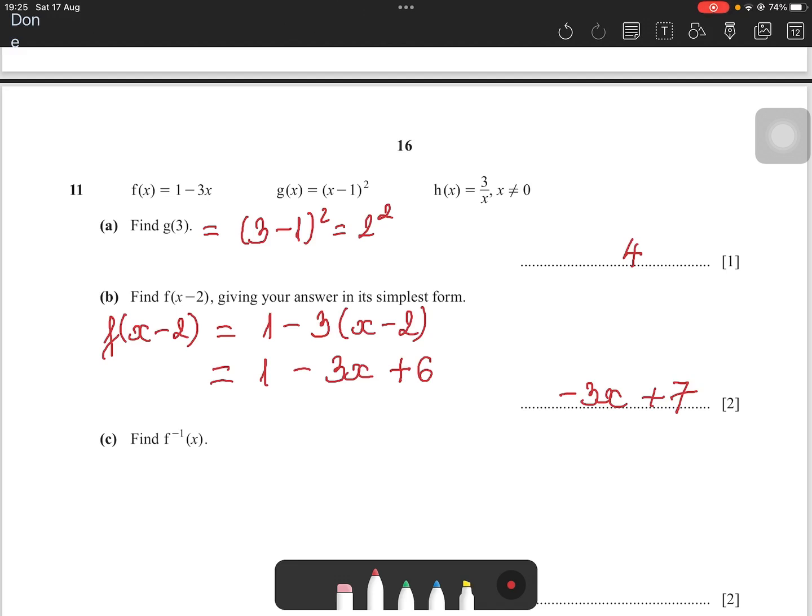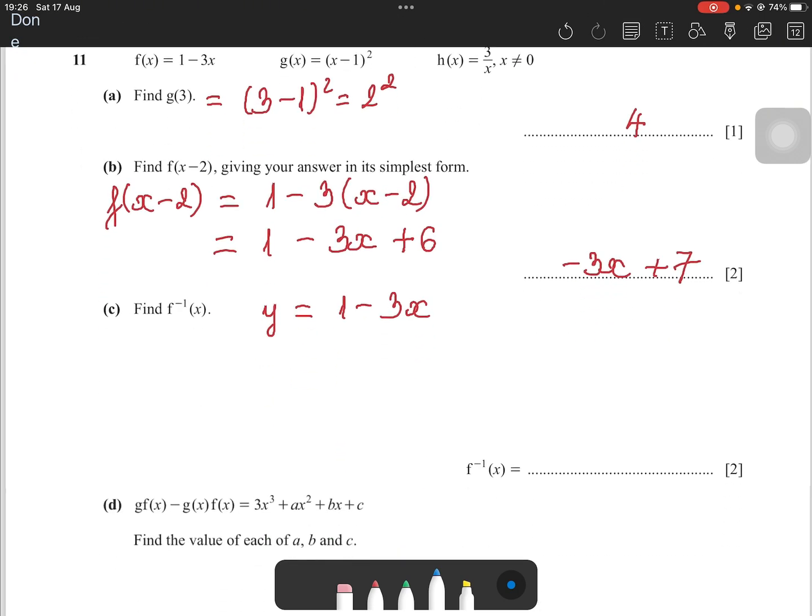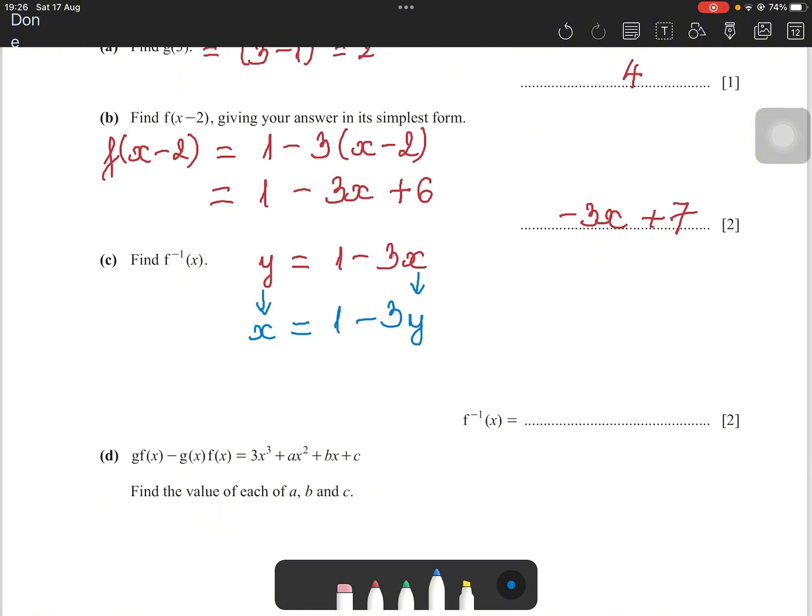C. Find the inverse of f of x. We know that f of x means y equals 1 minus 3x. So to find the inverse, we change y to x, and then we change this x to y. And now we need to make y the subject by subtracting 1 from both sides.